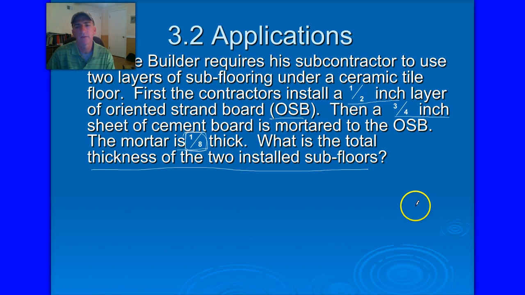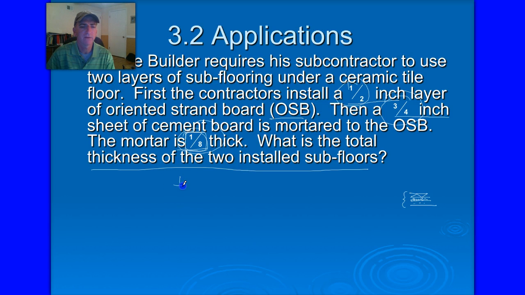Essentially they're putting on 3 layers of something here. So the first layer is that, second layer is this, and then the third layer like that. So they're asking, what is the thickness of that if the measures are 1/2, 3/4, and 1/8.